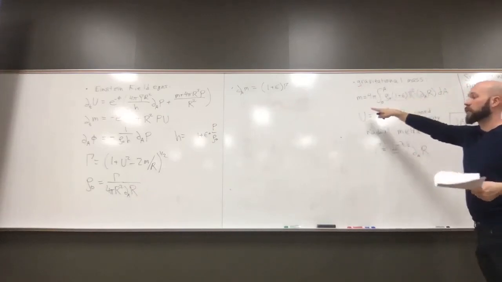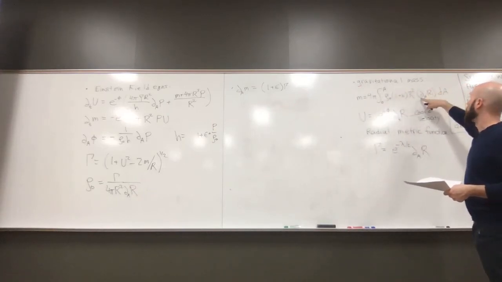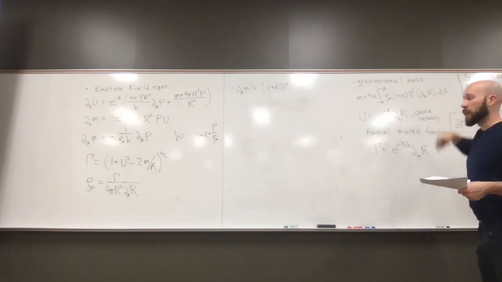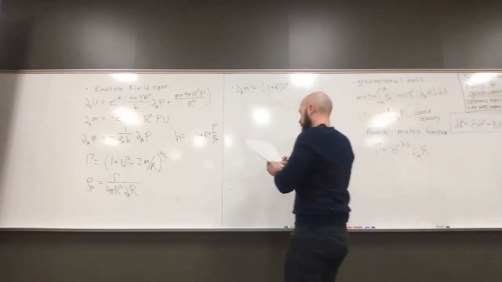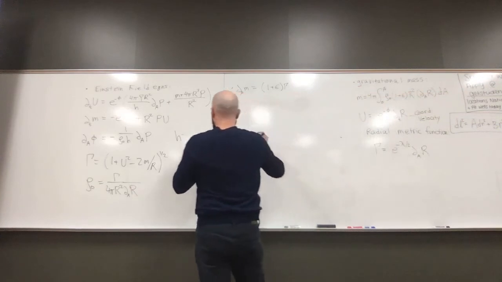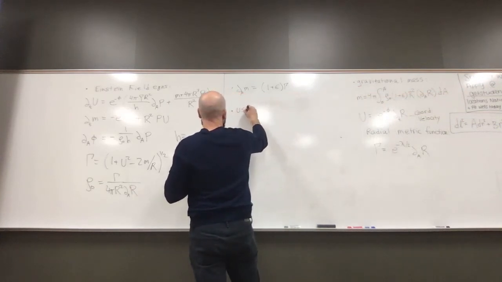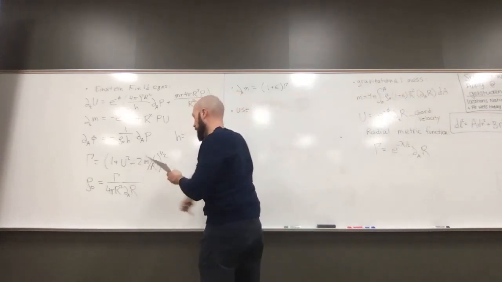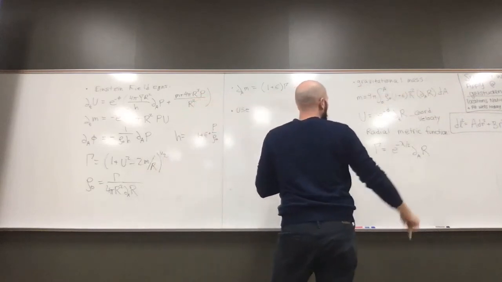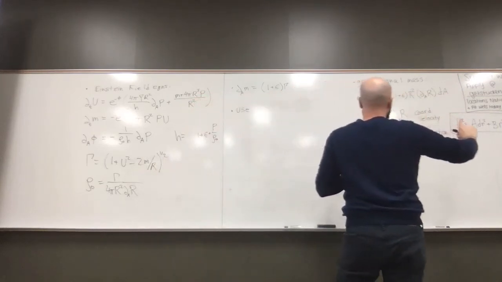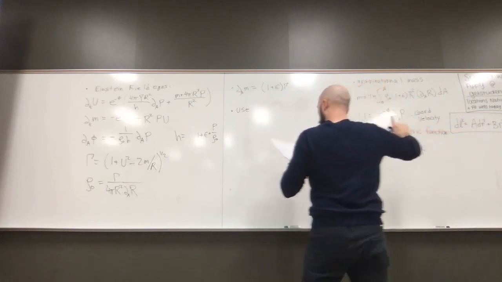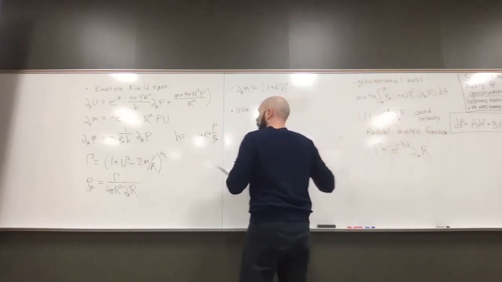All those terms cancel with the rho naught and the r squared and the partial a r. Okay, so that's that. And now we can use my definition for the rest mass here in the equation that I've got. Oh yeah, I erased it.